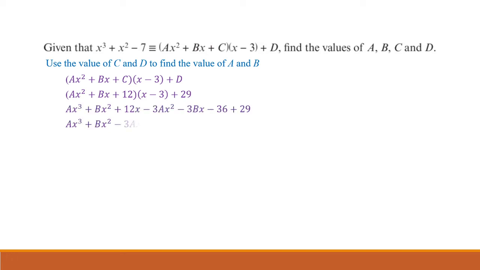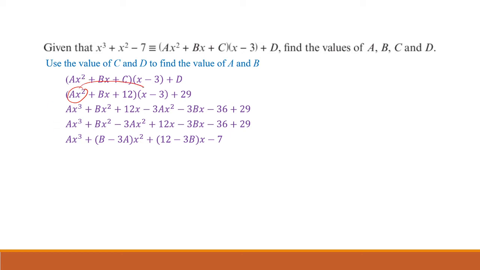So removing the bracket, (ax squared plus bx plus 12) into (x minus 3), and then simplifying it out, I can get terms for the coefficients of x cubed, x squared and x. Now, if you know how to get these coefficients straight away from here, you don't have to do all that work. We can just get these coefficients.